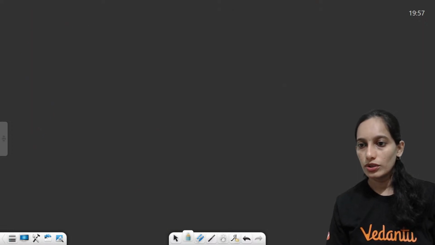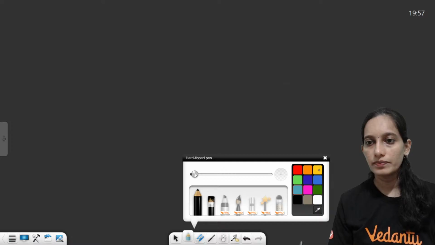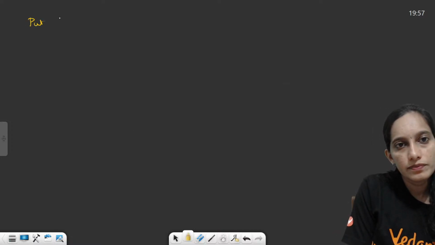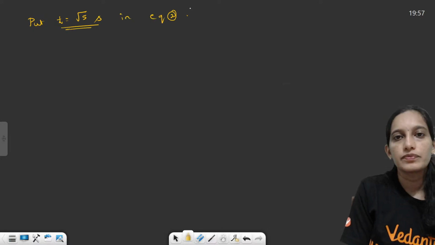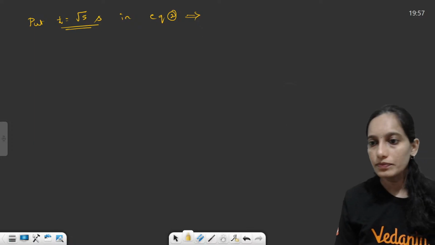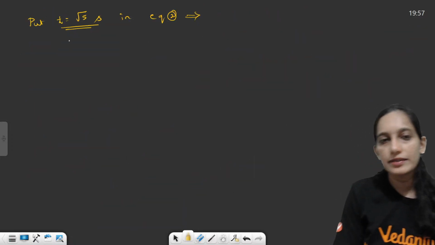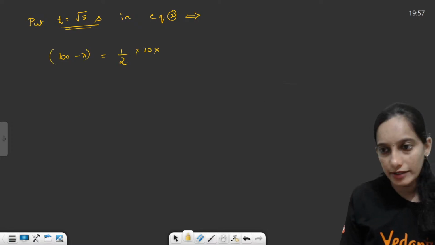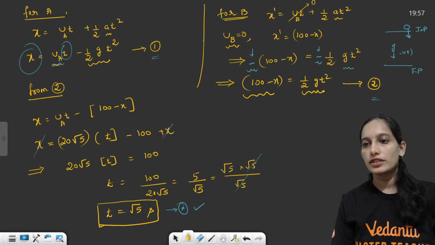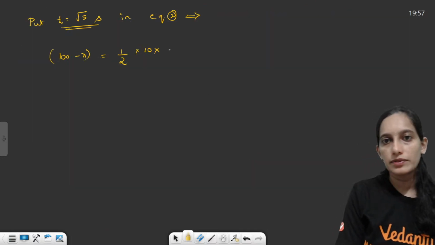So I substitute t is equal to root 5 seconds in equation 2. What do we get? 100 minus x is equal to half g, that is 10, t square, that is root 5 square.